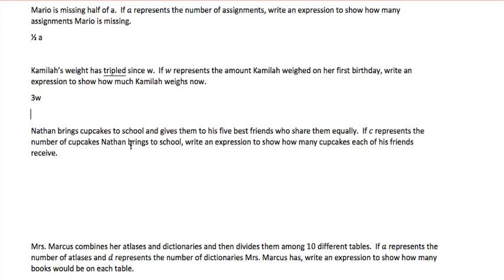Nathan brings cupcakes to school and gives them to his 5 best friends who share them equally. Sharing equally means divide. If C represents the number of cupcakes Nathan brings to school, write an expression to show how many cupcakes each of his friends receive.